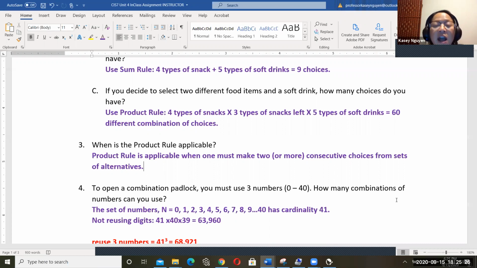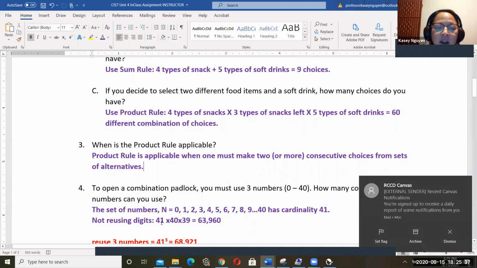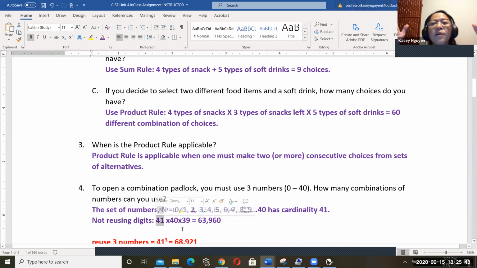Now, if we're not reusing the digit, if the requirement is that they don't allow us to reuse the digit, then we would start with 41, which is the original set that we can select from. Then we pick one number that reduces to 40 for the second round.